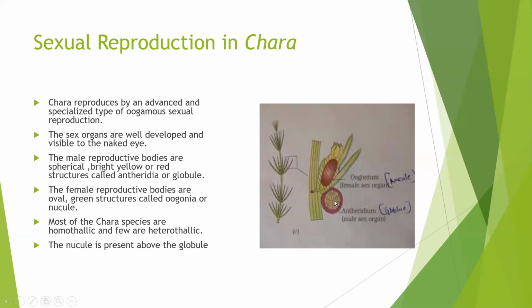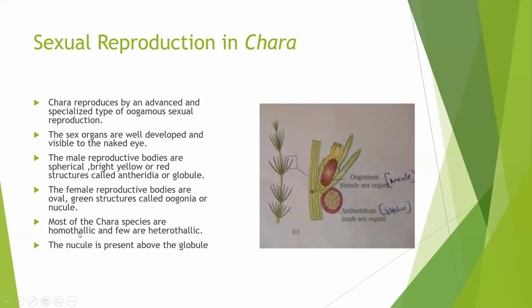Here, one thing: the male reproductive organ is known as globule, and the female reproductive organ is known as the nucule. Most of the Chara species are homothallic and few are heterothallic. What is a homothallic species and what is a heterothallic species? Homo means same, thallic means thallus, hetero means different, thallic means thallus.